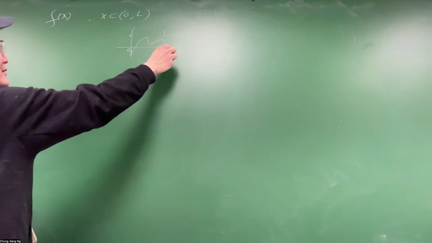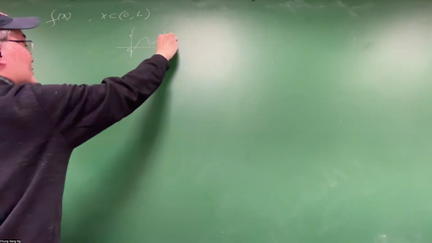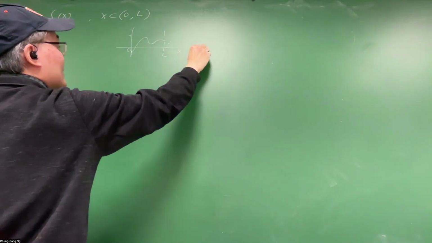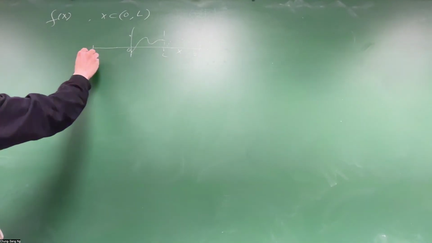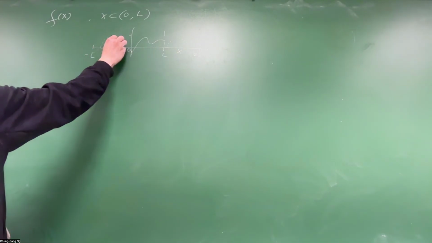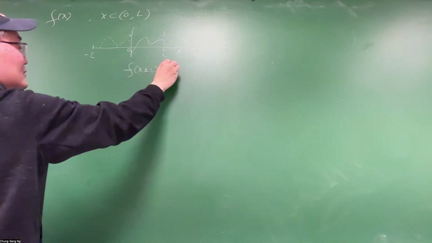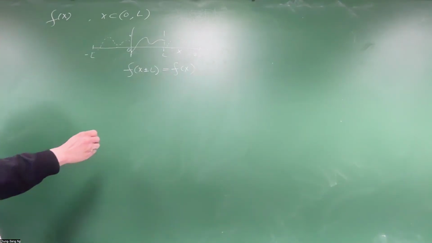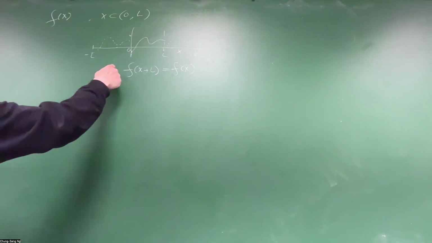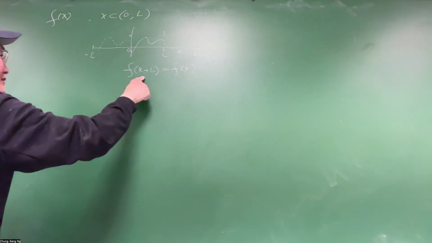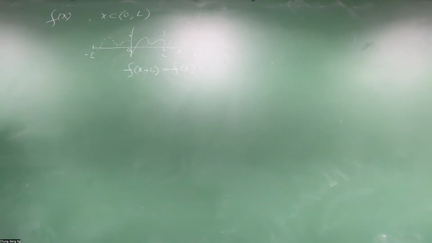But mathematically, you just copy the function over when x is greater than L, so you basically copy the function from minus L to L. You just have the same function, defined like that for x plus or minus L. And that's the periodic condition, okay?